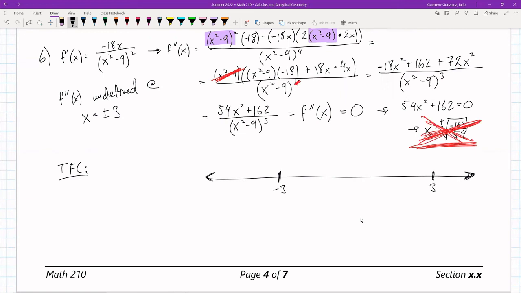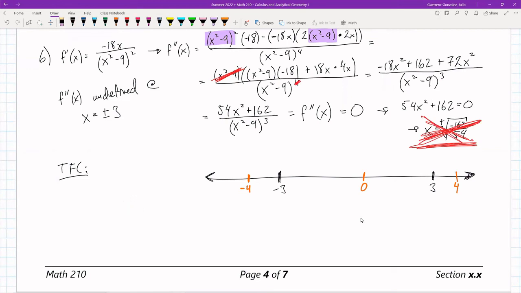Okay, so again, what we're going to do is choose representative points. Negative 4, we're going to choose 0 as the representative point here, and then 4 over here. F double prime, sorry, is that thing that we found right here.